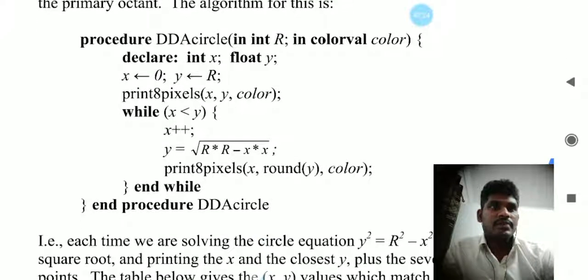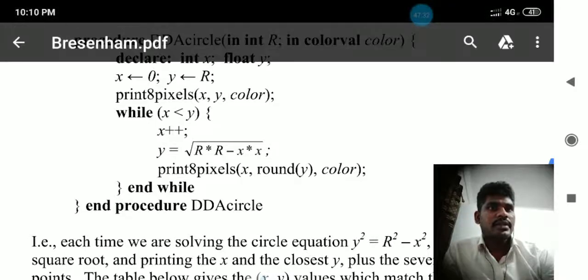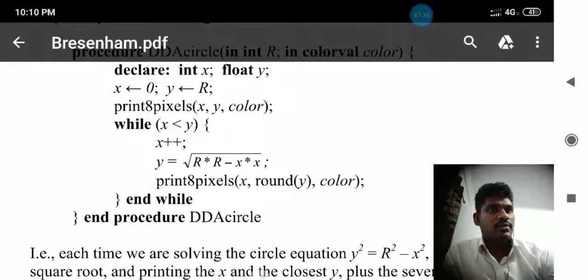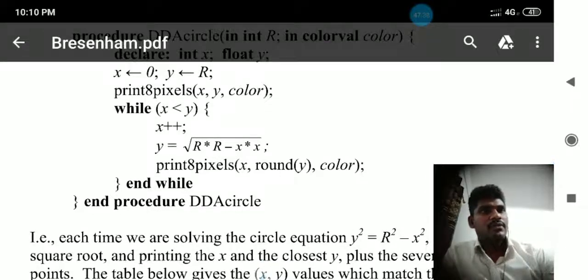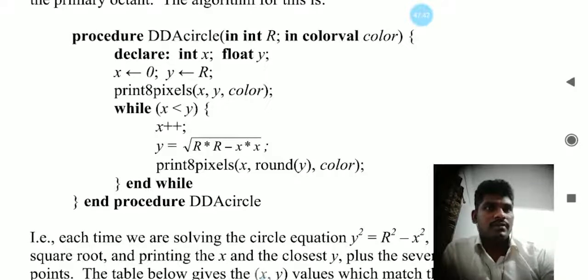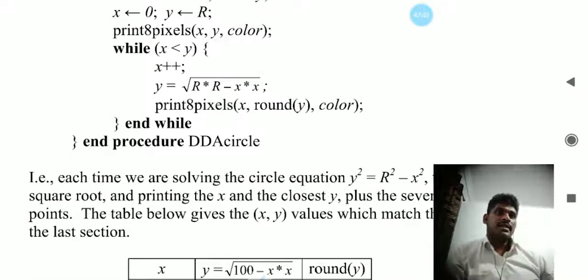In the DDA algorithm, look at the procedure DDA circle: take int r, color, declare int x, float y. We are declaring the x and y values, x = 0, y = r: the initial x value is 0 and the initial y value is r. Print 8 pixels while x is less than y.